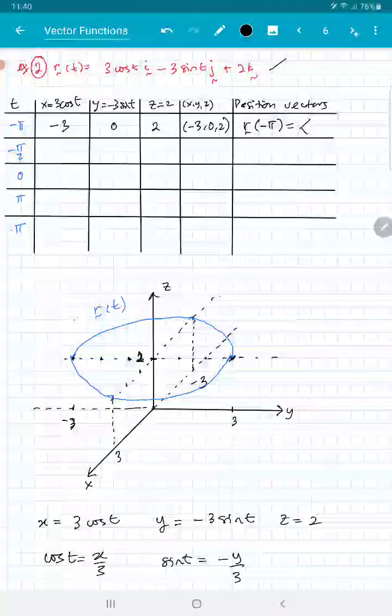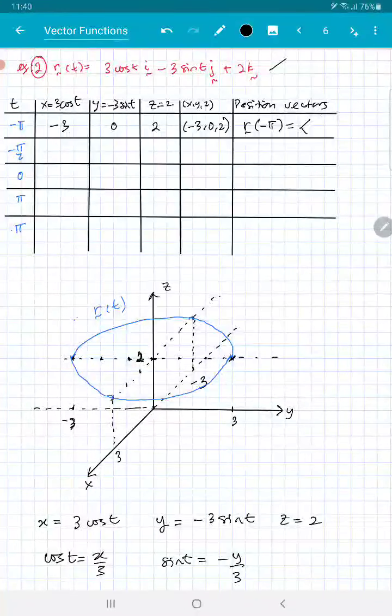Here I'm going to use this pointy bracket to represent a vector. So we have -3i plus 0j plus 2k. Now when t is negative pi over 2, cos negative pi over 2 is 0, so x is going to be 0. Sine negative pi over 2 is negative 1, so y is 3, and z is always 2.